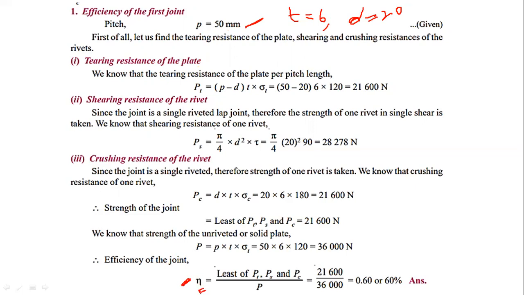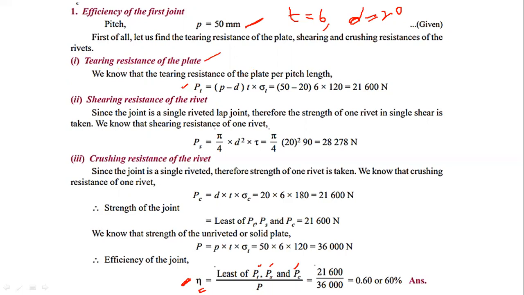Efficiency zeta equals the least value of tearing strength, shearing strength, and crushing strength divided by the strength of the unriveted joint. So here first we have to find out the values of PT, PS, and PC. PT is the tearing resistance or tearing strength of the plate.